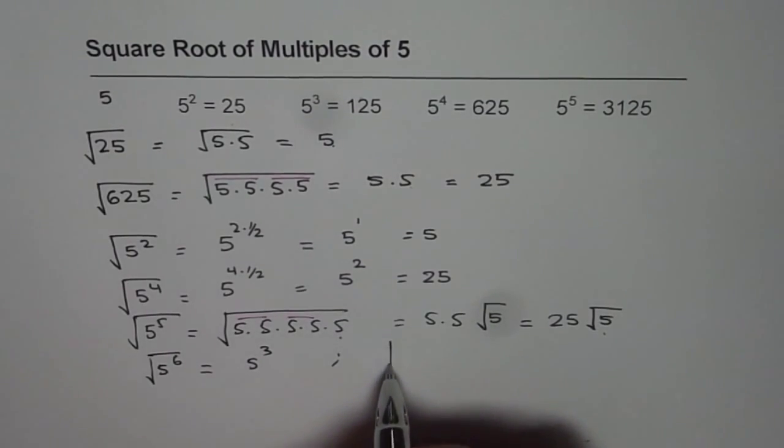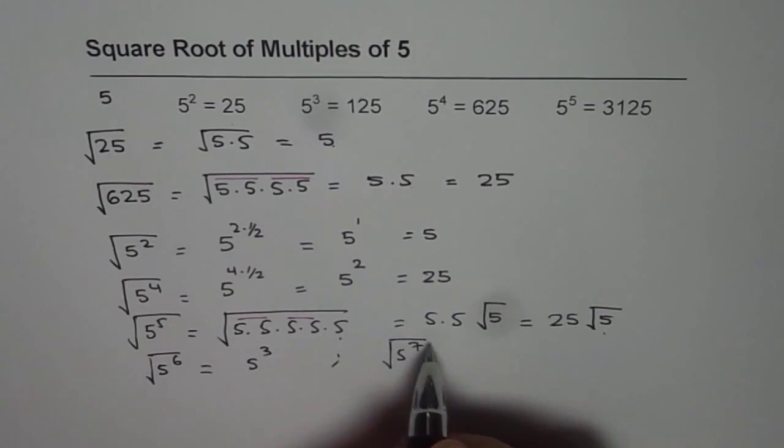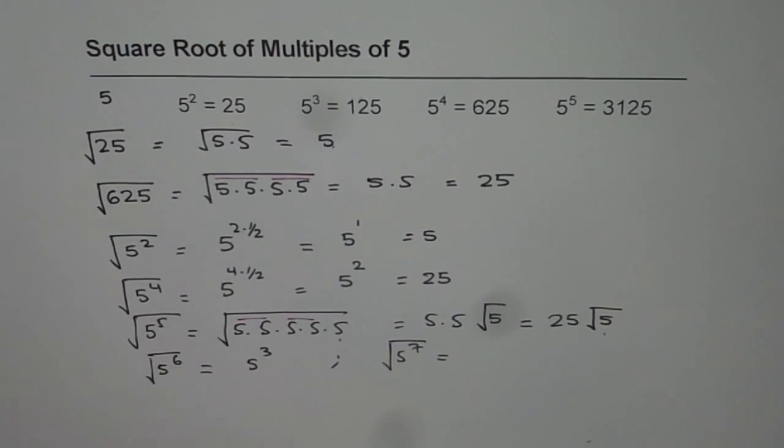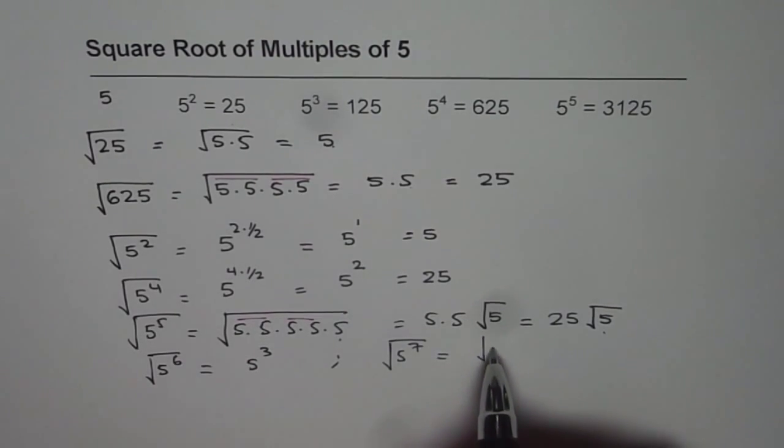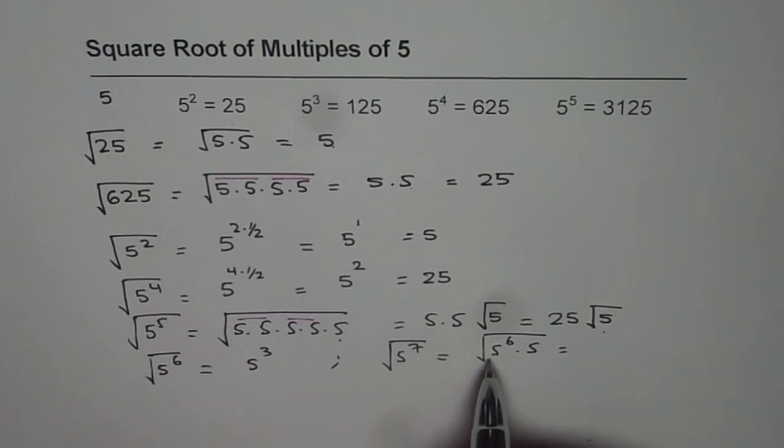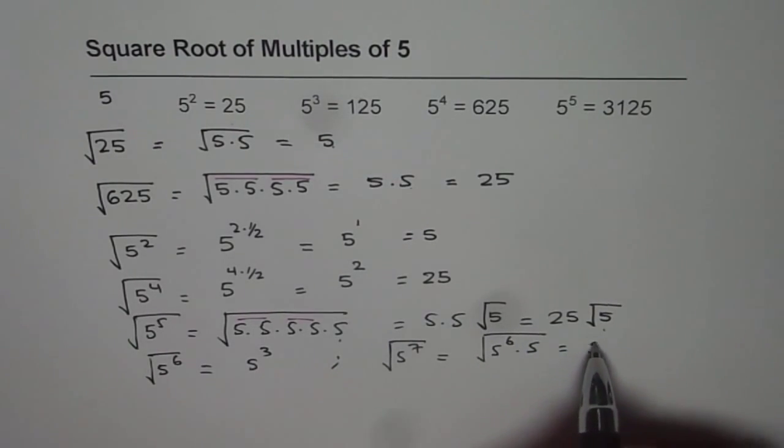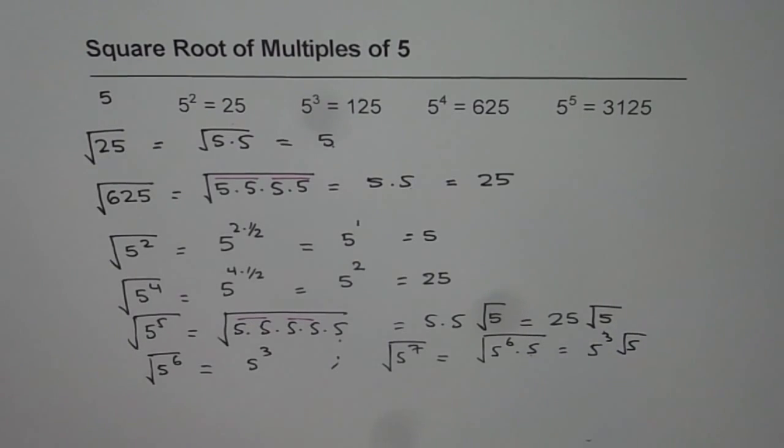But if I ask you 5 to the power of 7, then what should be the answer? It is kind of like this, 5 to the power of 6 times 5, right? So 5 to the power of 6 will give you 5 to the power of 3, and we are left with one 5 within the square root. So that should be your answer, right?